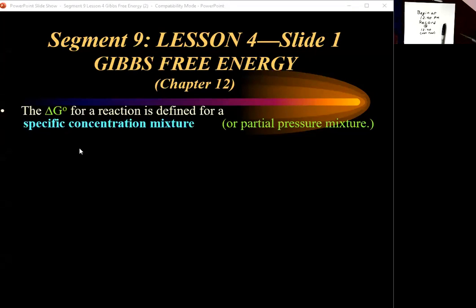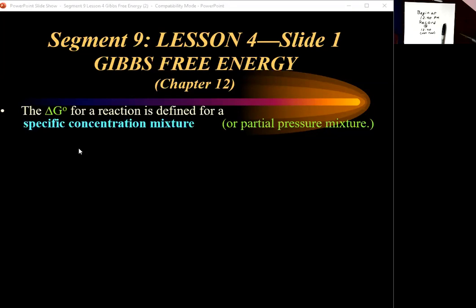Remember, the partial pressure of each component is 1 atmosphere. The total pressure is the sum of the partial pressures of all of the gases involved in the reaction, both the reactants and the products.